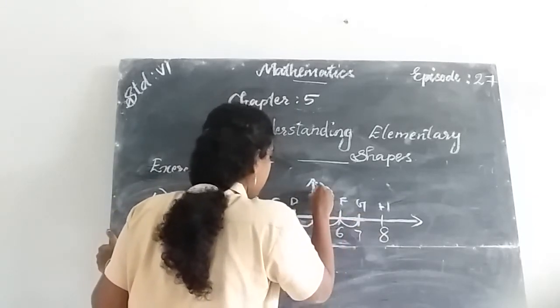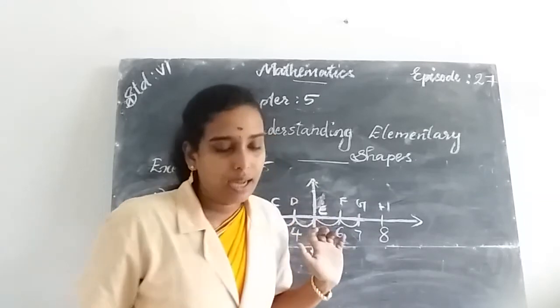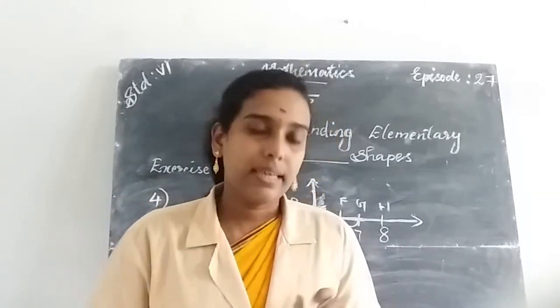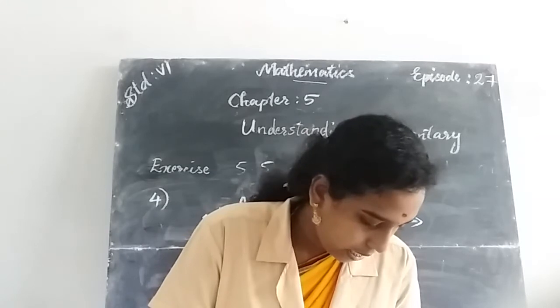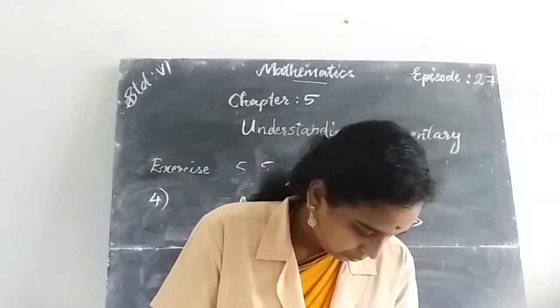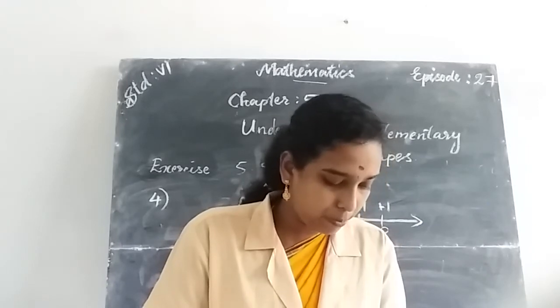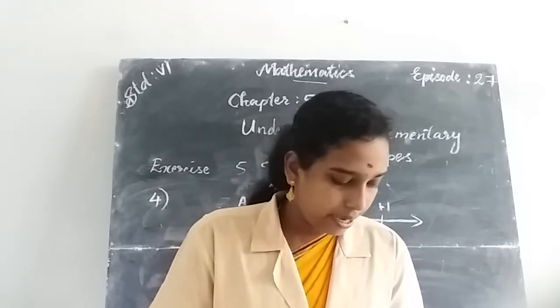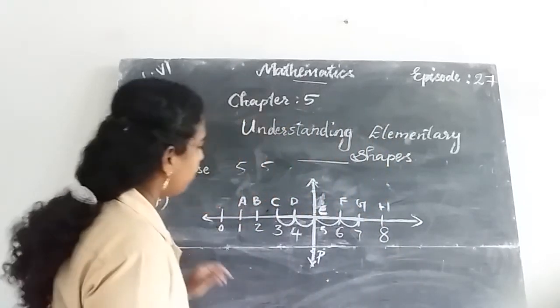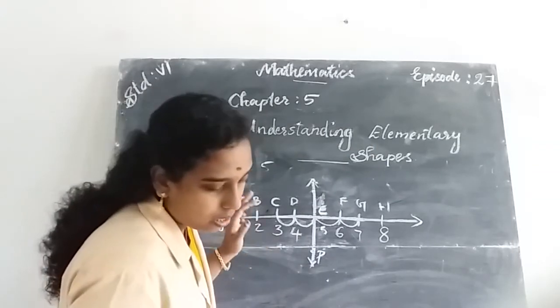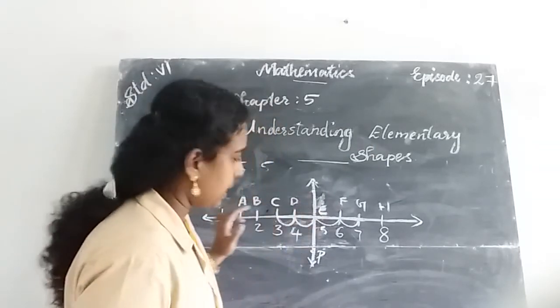These two lines bisect each other, and we can say that the answer is yes. Okay, and here identify any two line segments for which PE is the perpendicular bisector.